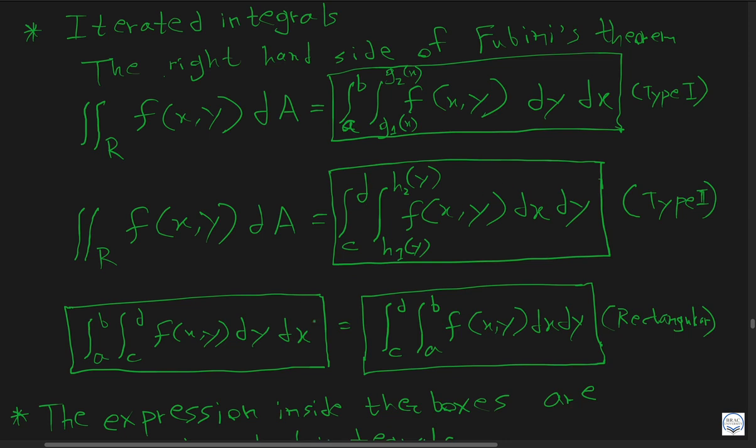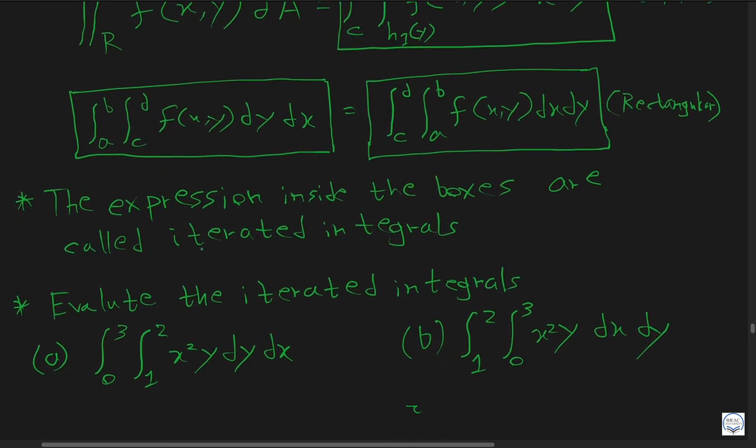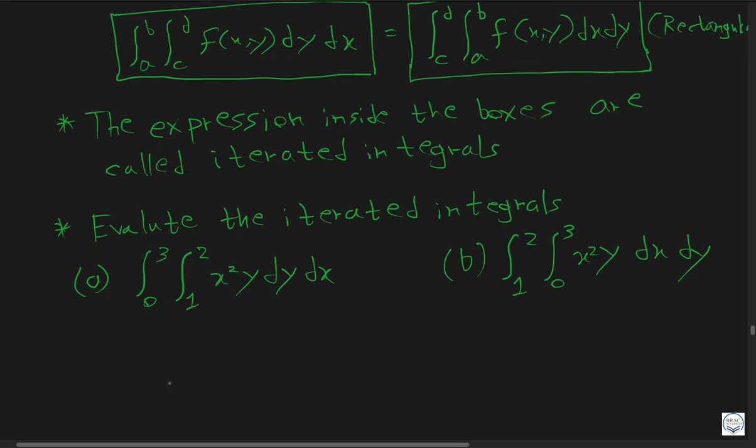Similarly, Fubini's theorem on the type 2 region gives this box, and only the box is the iterated integral on the type 2 region. And for rectangular regions, we have found that these two integrals are actually equal, and both of them are iterated integrals. The main concept is that we have to write both the x integral and the y integral instead of having dA.